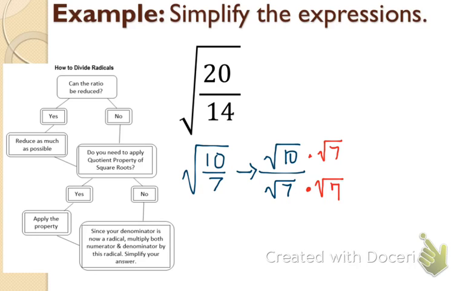Okay, so we went over already multiplying square roots, and what we got is that we can write it in two ways. So instead of multiplying 10 times 7, I'm going to write it like this, and instead of multiplying 7 times 7, I'm going to write it like this.